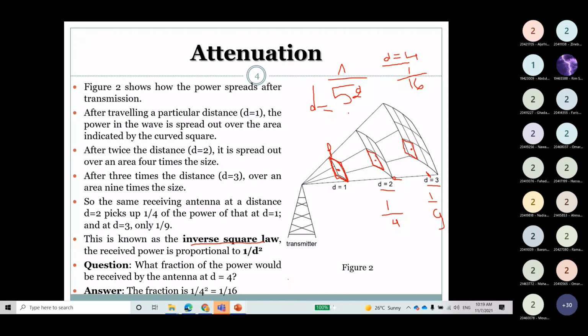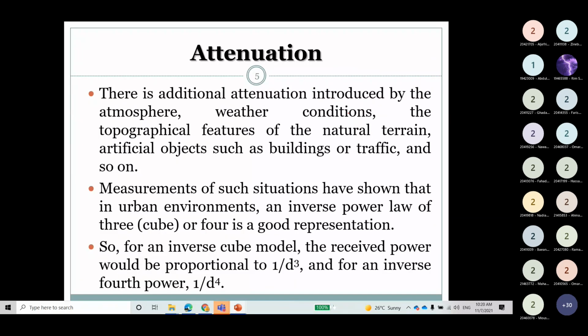So there is additional attenuation introduced by the atmosphere, by the weather conditions, by the topographical features of the natural terrain, and by artificial objects such as buildings or traffic and so on. So this is one of the examples of attenuation.